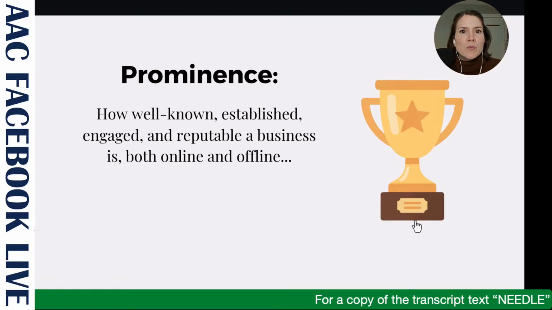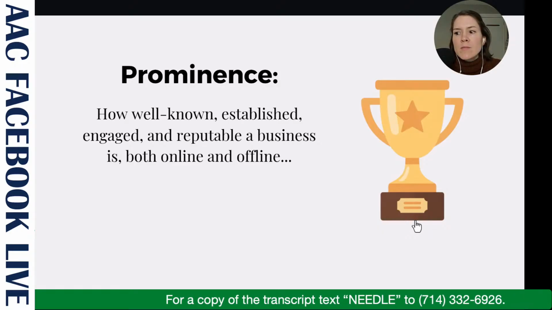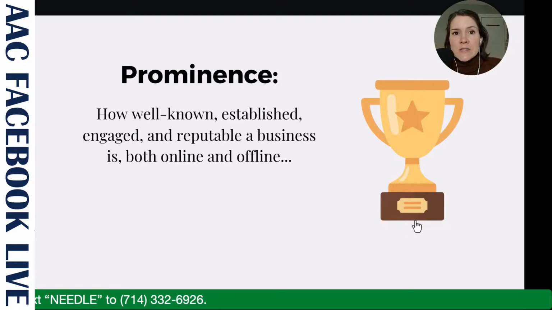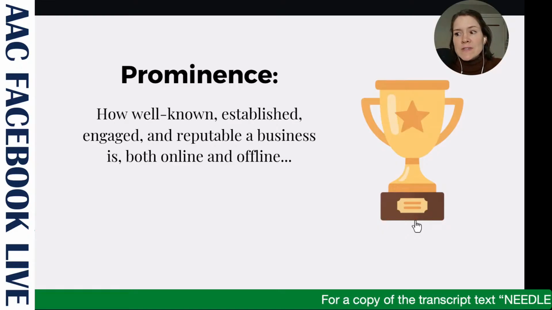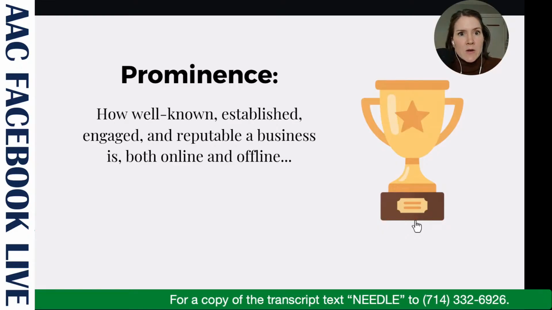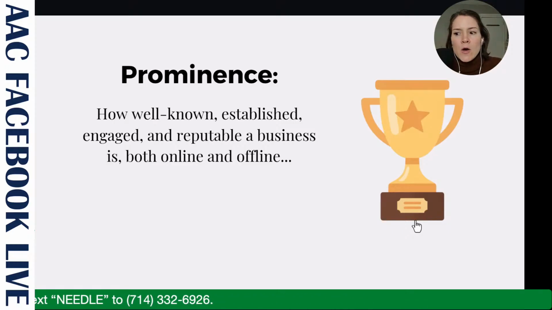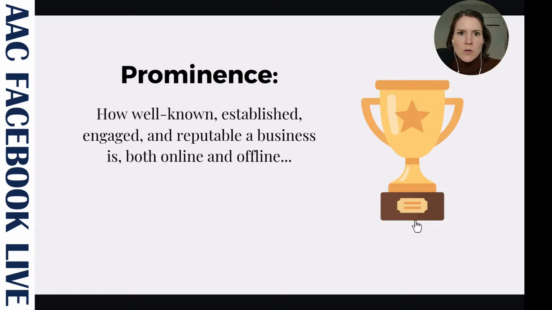But Google is using signals like reviews of your business, links from other business websites that are local, that are near your clinic, to your website, mentions of your business on social media or elsewhere on the internet that doesn't necessarily have to be linked, although that's always great. But maybe someone is talking about your business on Facebook. Maybe someone actually tags your business in a post on Facebook, okay, or Instagram.